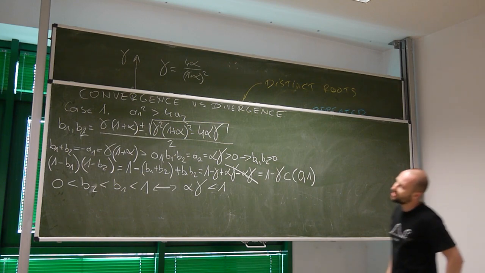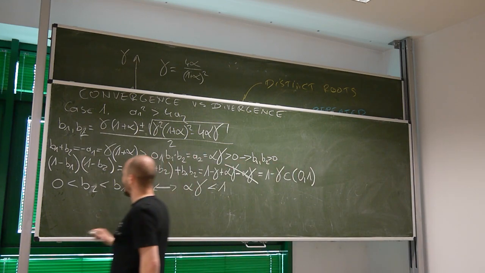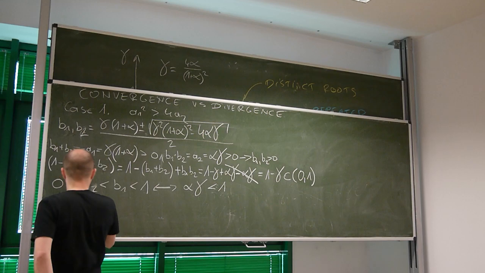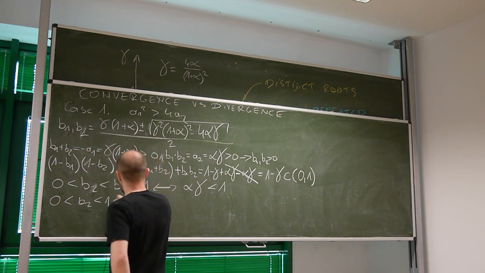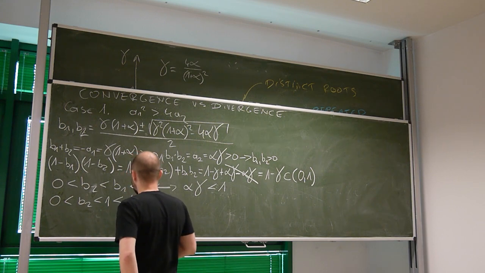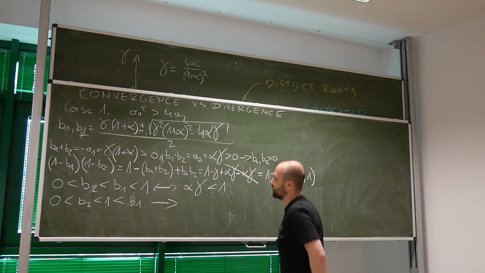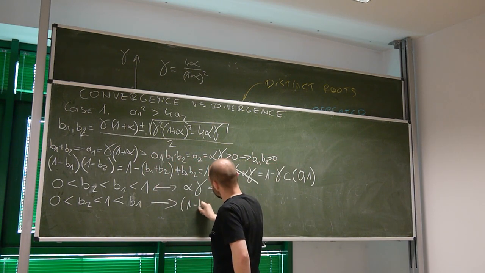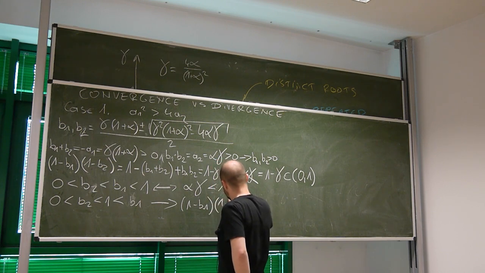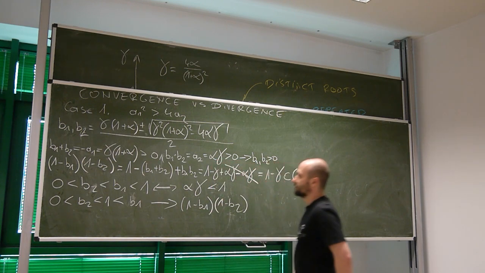Okay, so now let's consider another case. What if we've got one of the roots between 0 and 1, and another one is above 1? Well, what will happen with this expression? Look, in this case, what do we get here?